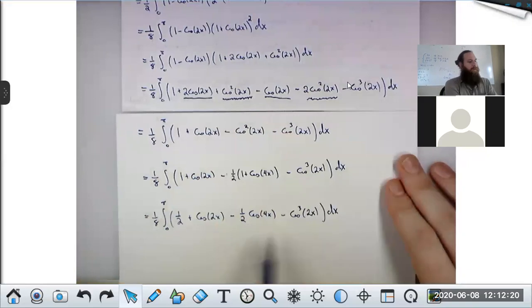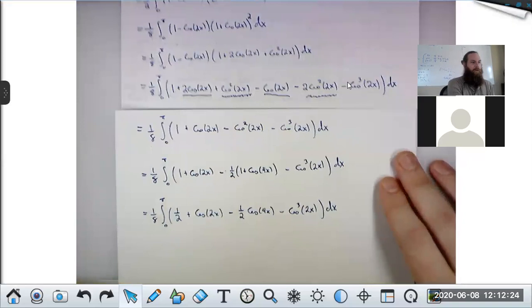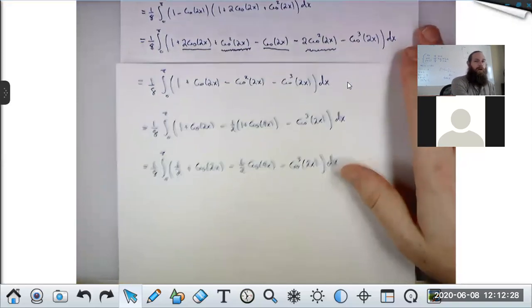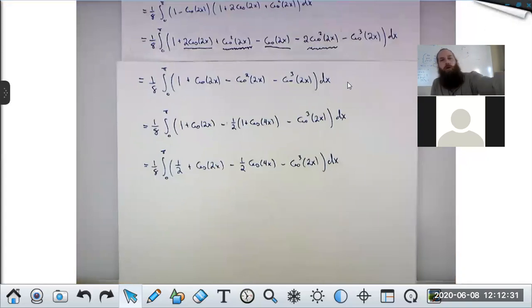So now these three pieces are ready for the antiderivative step, but this piece requires a little bit of thought on his own. Anybody got any ideas what we can do with the cos cubed of 2x? Or what if I just asked you to integrate cos cubed theta?